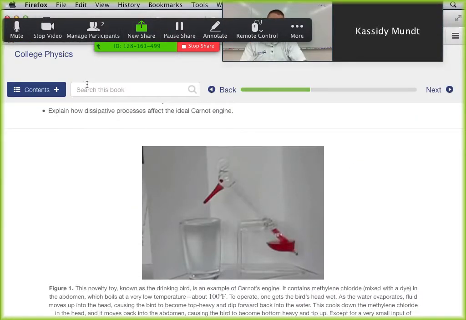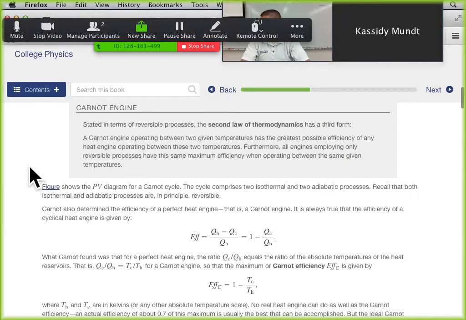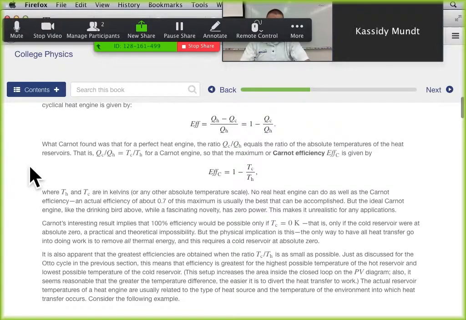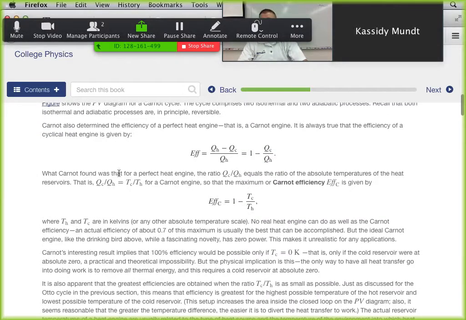You'll realize that we're moving rather quickly, but you'll find it's not terribly difficult to get through this stuff. It's not really as challenging as other stuff has been to date. But the efficiency of an engine is defined in this way.